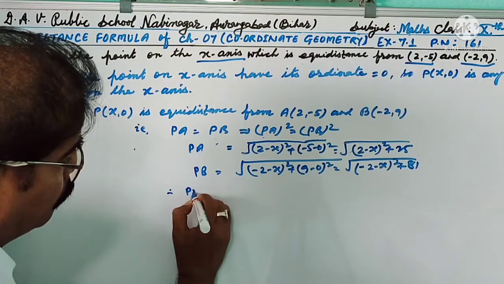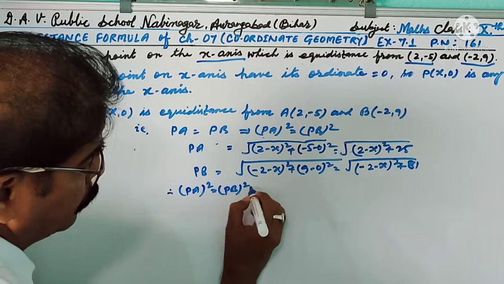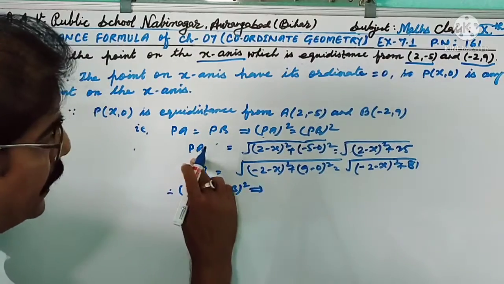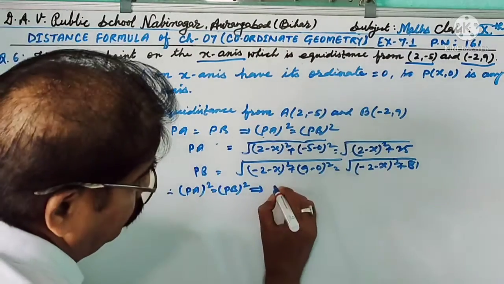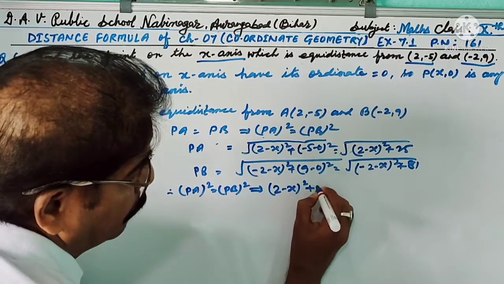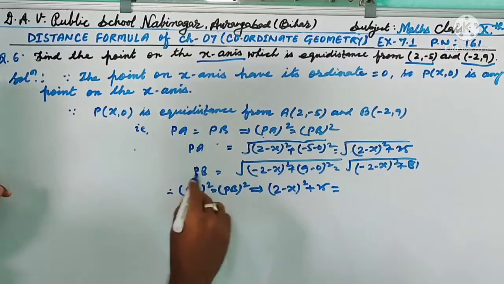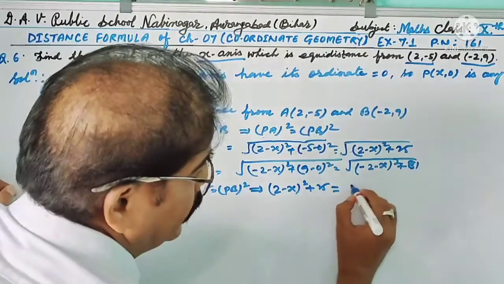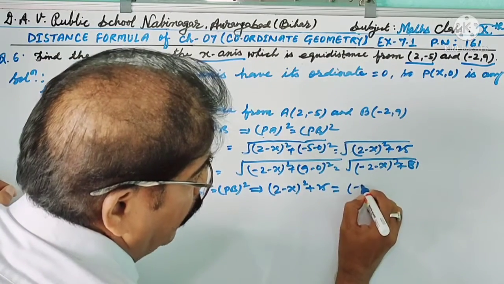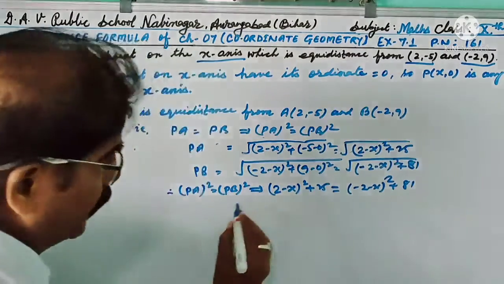Since PA square equal to PB square, therefore (2 minus x) square plus 25 equal to (-2 minus x) square plus 81.